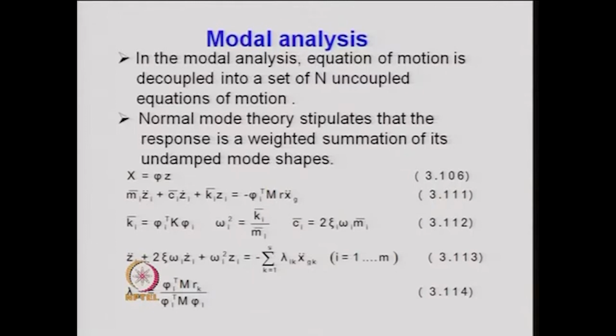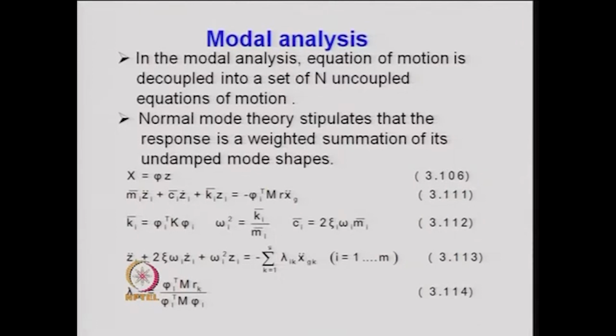So, once we have the C matrix for the system, then one can go ahead with the direct solution, either solving it as a second order differential equation, or by solving it as a coupled set of first order differential equations, which is called the state space equation, and one can use both time domain solution and the frequency domain solution.